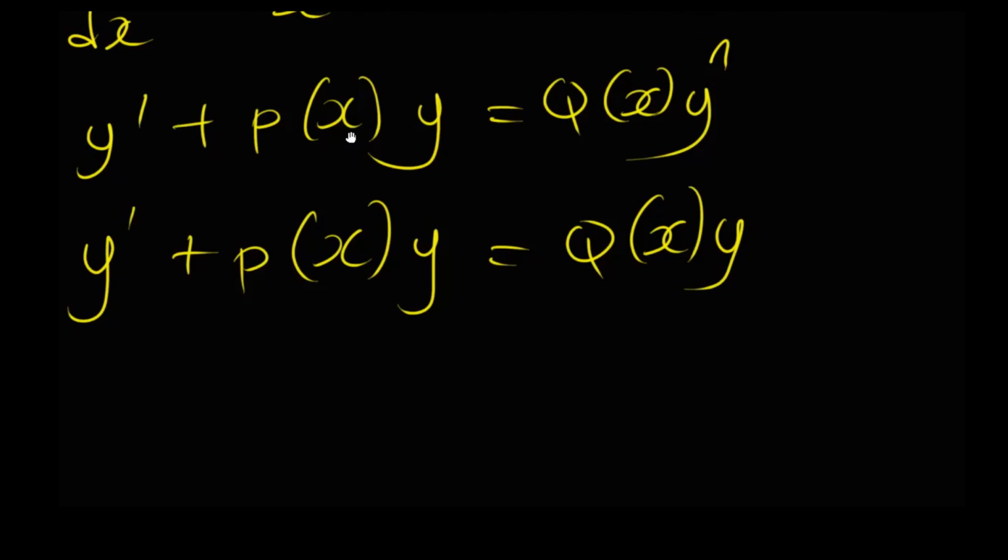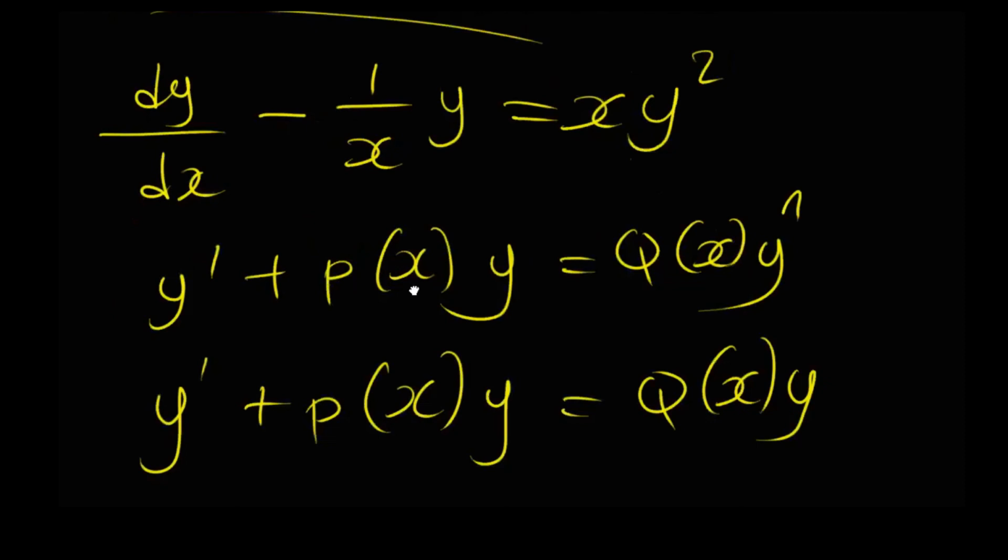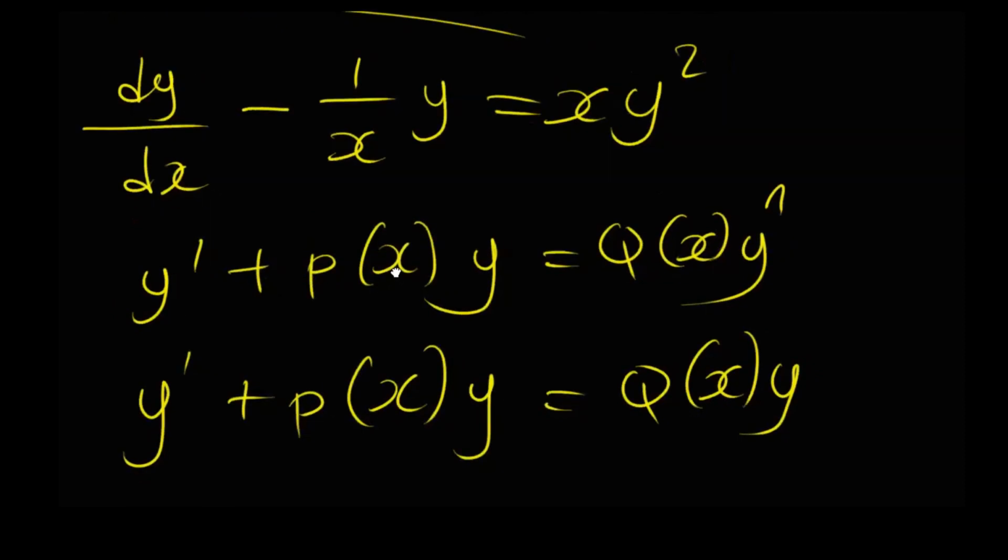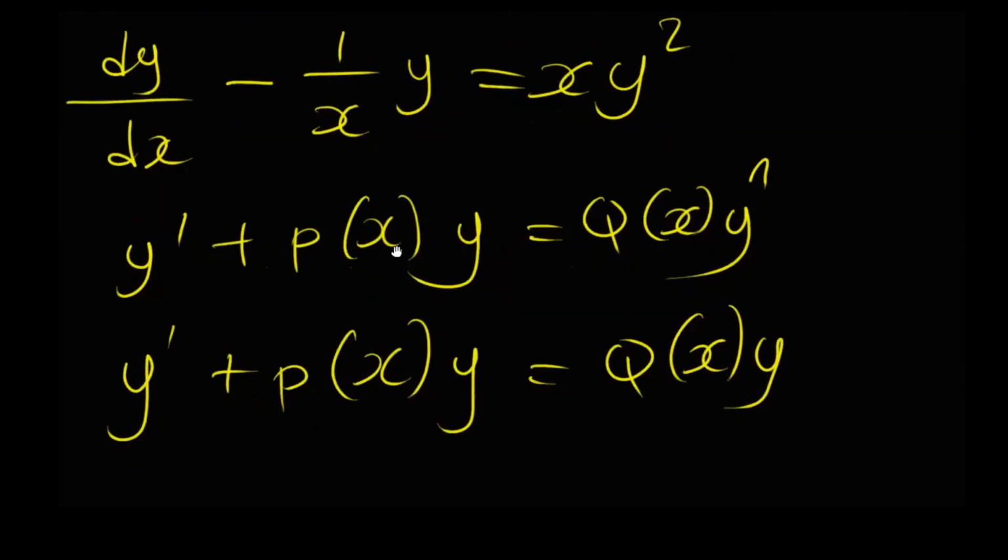So this one should be a Bernoulli equation because you have p of x, which is this, and then you have q of x, which is this. Are we good there? Yep.